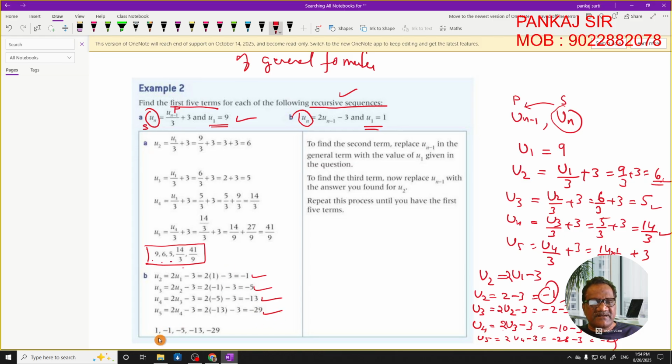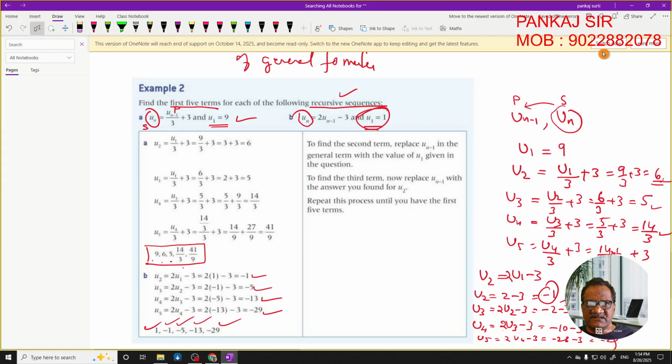So the first 5 terms: the first term was given to you, 1. Second term minus 1, third term minus 5, fourth term minus 13, fifth term minus 29. Got it? So that's all about recursive sequence. It was a new concept that got introduced into your IB, and I hope you have understood the meaning of this recursive sequence.